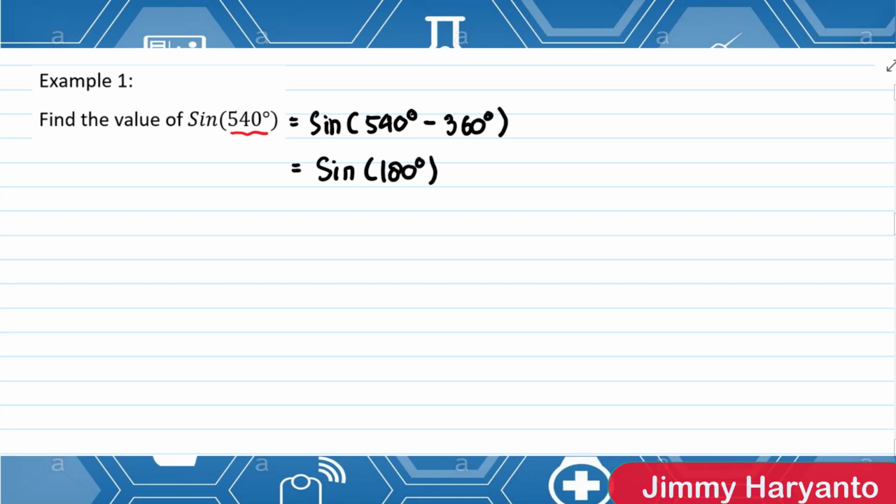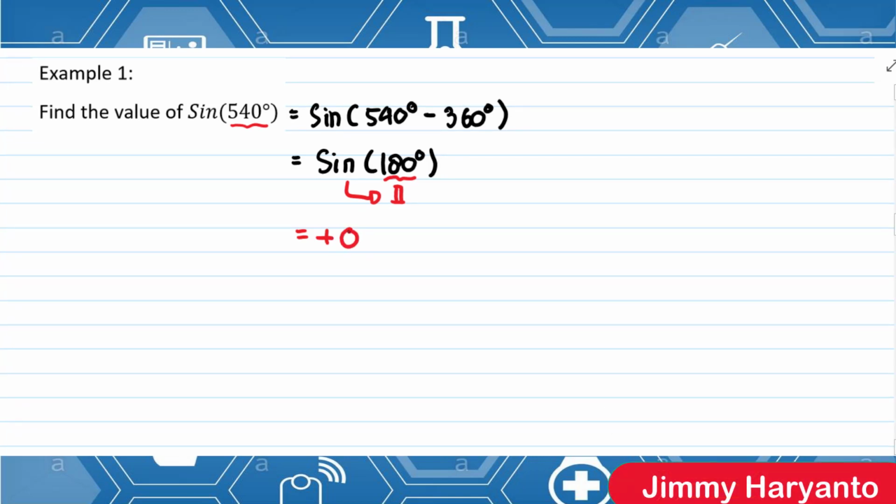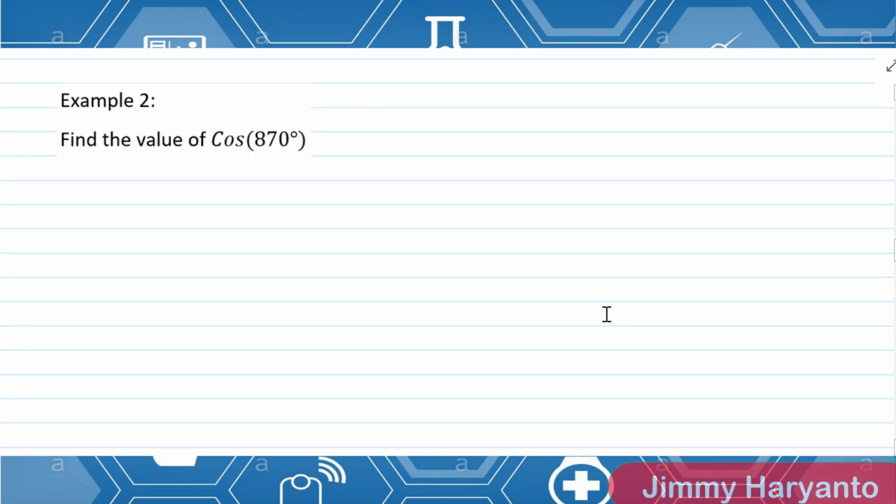See, sine 180 degrees. Once it's small, we use the usual method from before. This one is quadrant 2. Sine in quadrant 2 is positive. Use 180 degrees as our benchmark. 180 minus 180 equals 0. Sine 0 equals 0. So sine 540 degrees equals 0.